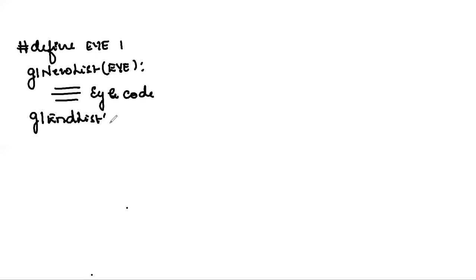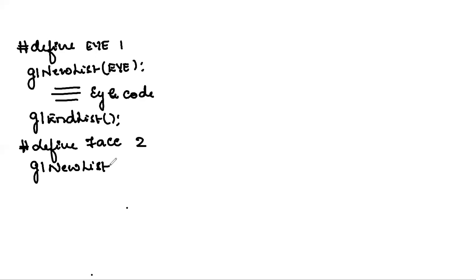Now let us define the second part, which is #define FACE. Let us take it as 2. So I'll write glNewList of FACE. Then we draw the outline, the instructions for the face, and when we need to draw the entire face, we also need to write glTranslate.